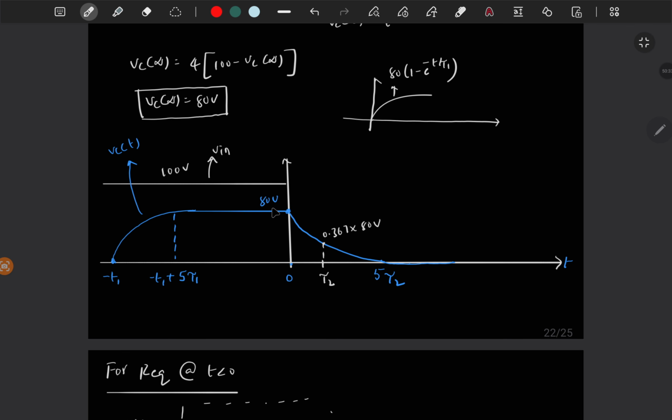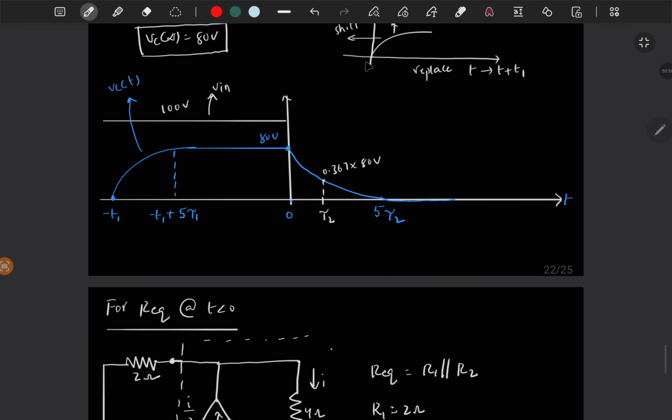But we have this graph, right? So it means this is left shifted by t1. It means we have to replace the t with t plus t1. So replace t by t plus t1 to get this graph.